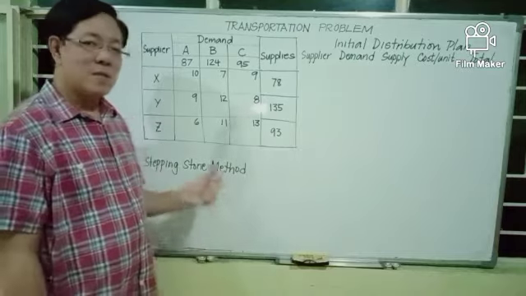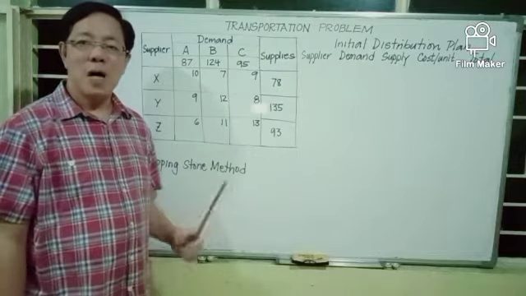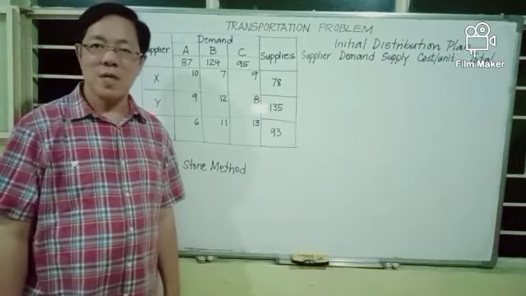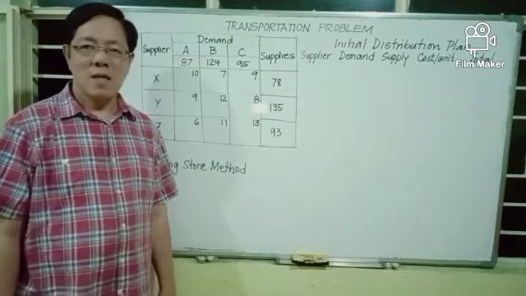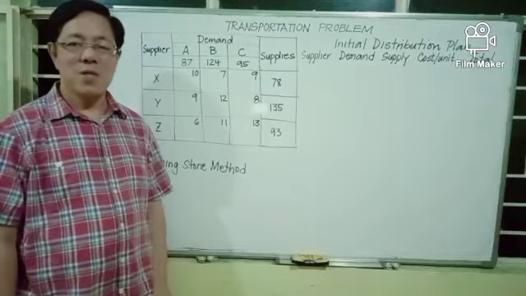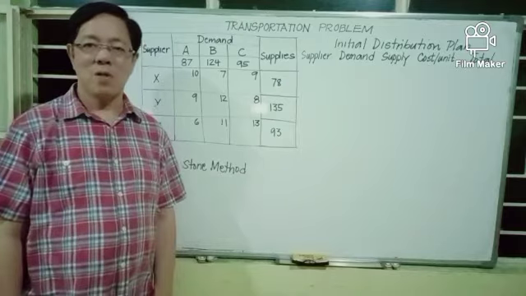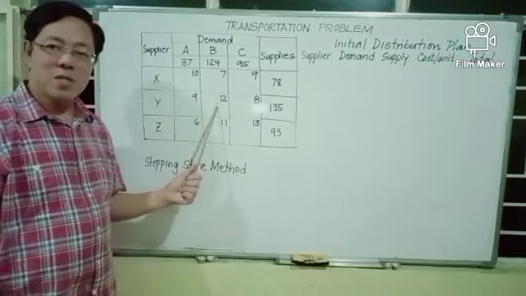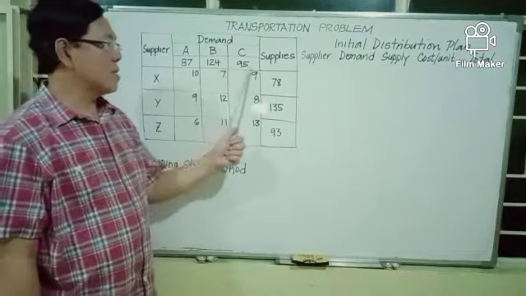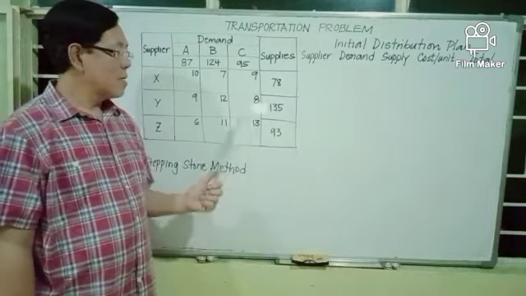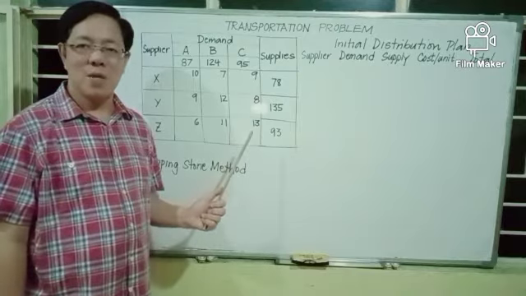If the given problem is unbalanced, you have to construct a new transportation table that is balanced, and that balanced table becomes your initial transportation table. If the given table is balanced, that is, the total demand is equal to the total supply, then the given table becomes your initial transportation table.